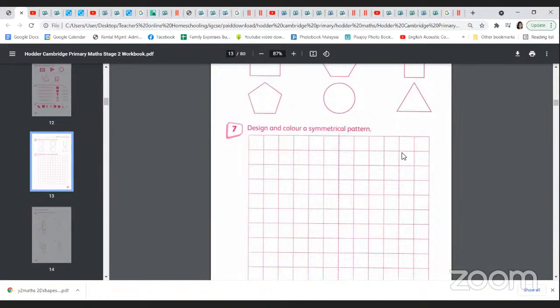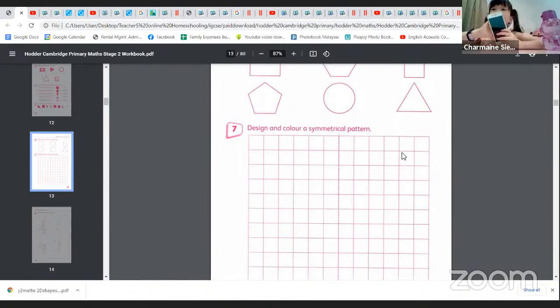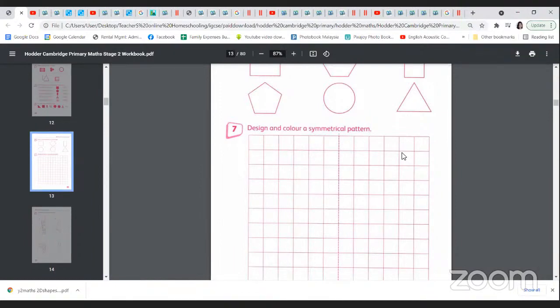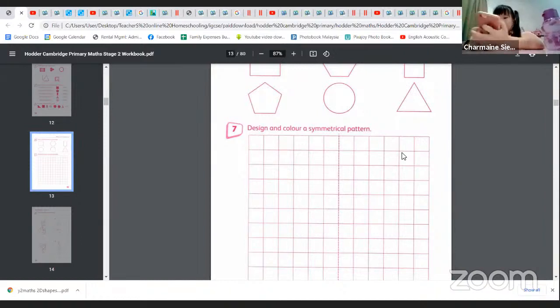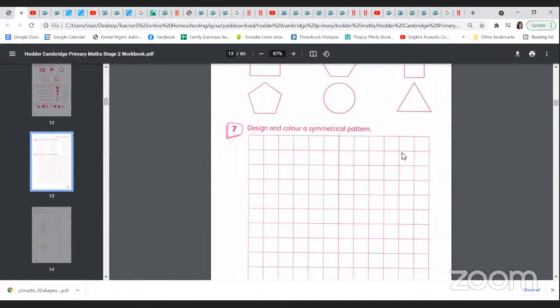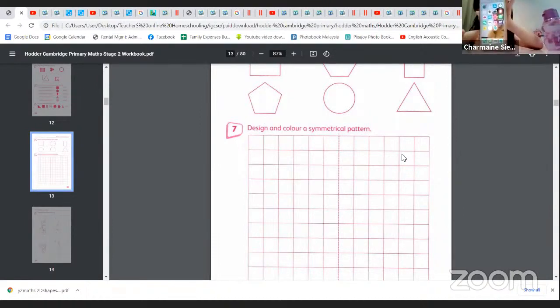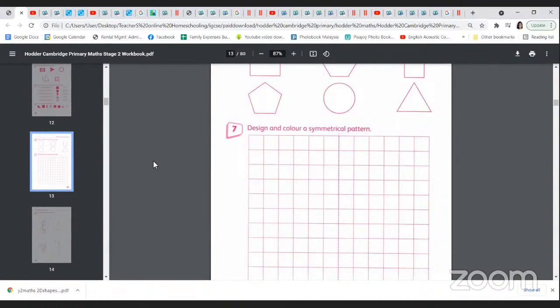Aiden, do you have anything which is symmetrical? This is my phone. Oh, you have your own phone. Your tablet is symmetrical. Phone is symmetrical. Very good. But Charmaine's picture is not symmetrical. And then pencil cases. Very good. Aiden's pencil case is symmetrical. Fantastic.